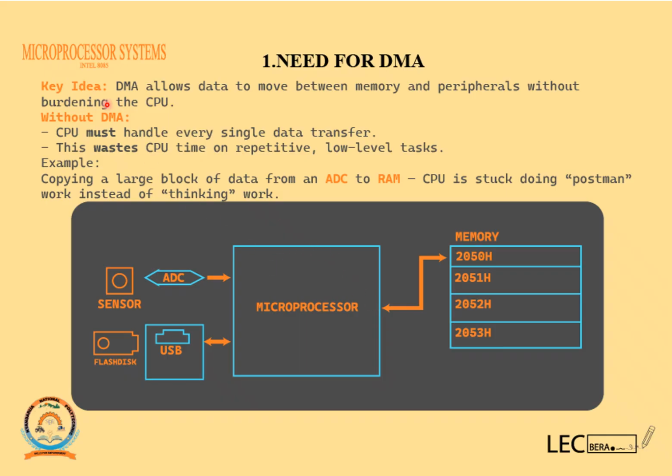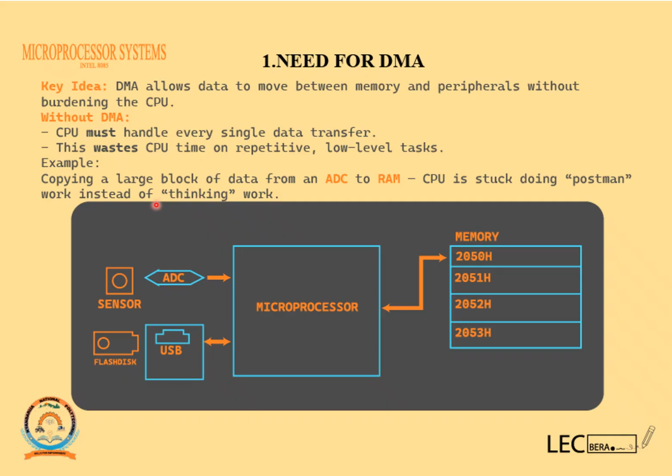So the key idea here, you have to understand that DMA allows data to move between memory and peripheral devices without burdening the CPU. Without the DMA, the CPU must handle every single data transfer. This wastes CPU time on repetitive low-level tasks.